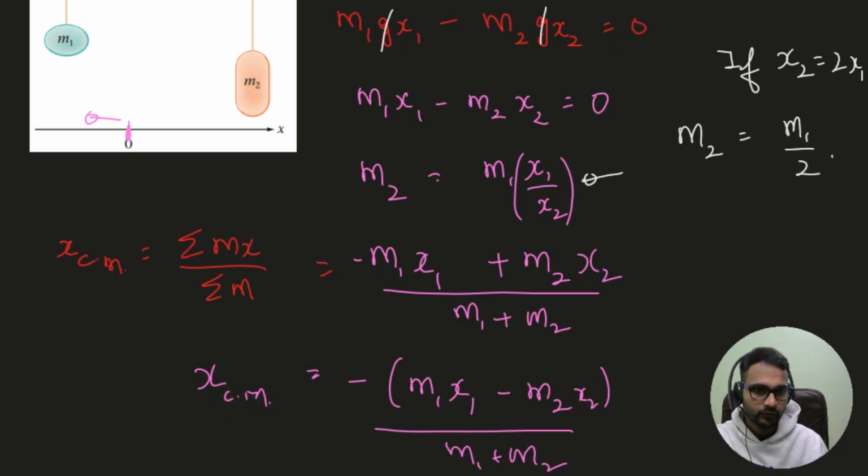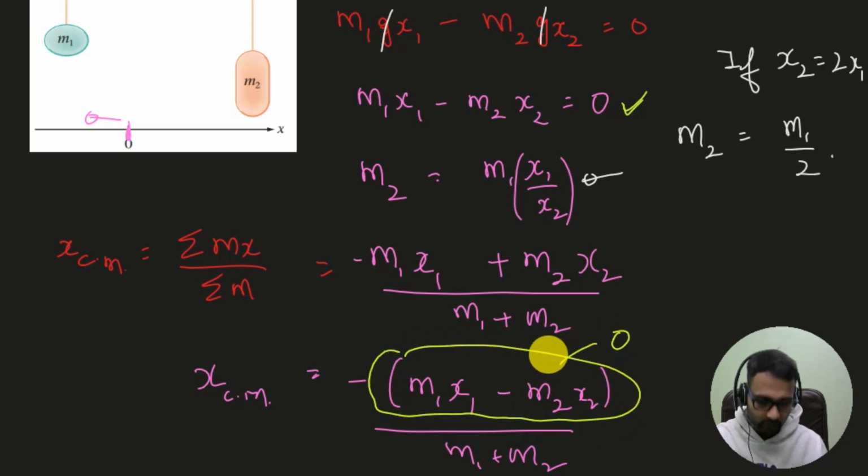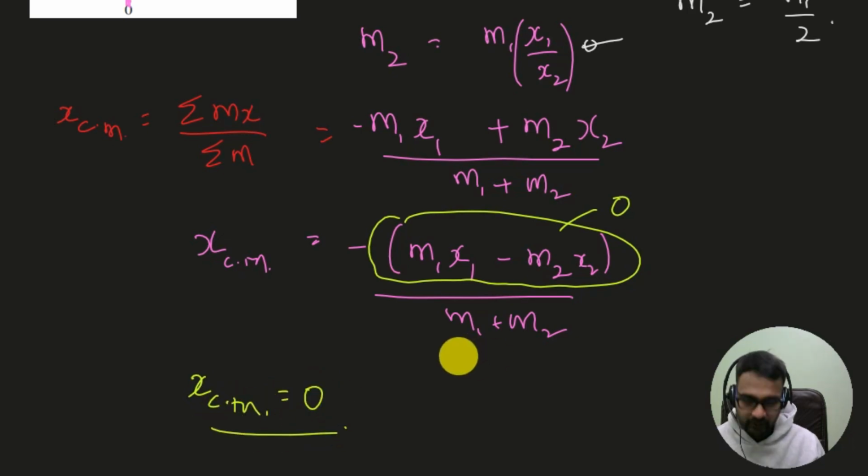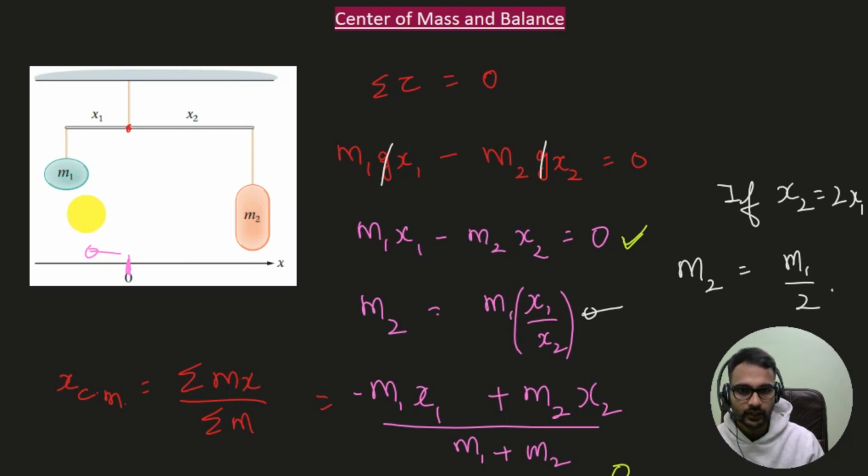Now from this equation, m1 x1 minus m2 x2 is 0. So this numerator would be 0. And if the numerator becomes 0, xcm would be equal to 0. Where x is 0, we'll get the center. So here x is 0 at this point where the rod is suspended.